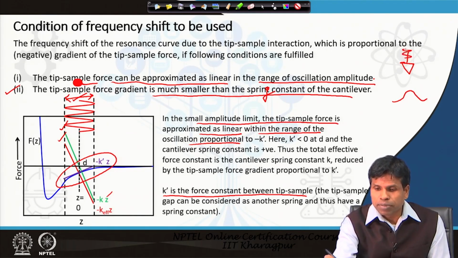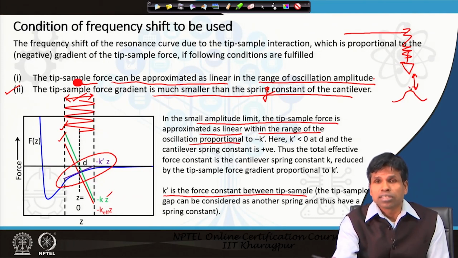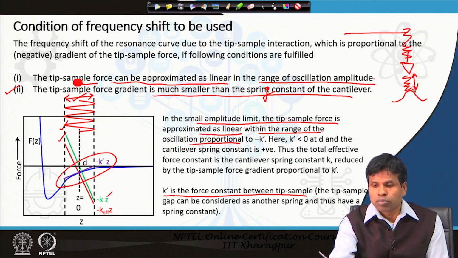One is the spring, that is the cantilever spring, and there is a distance between tip and sample, and there is an interaction, which is also a type of spring, because there is a force between tip and sample. There can be attraction, there can be repulsion when they come close to each other.